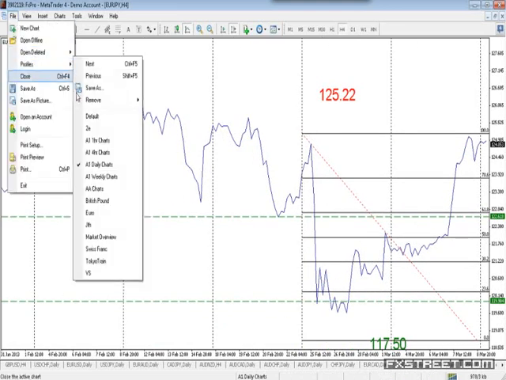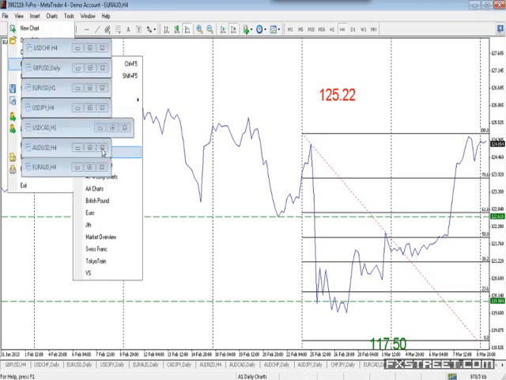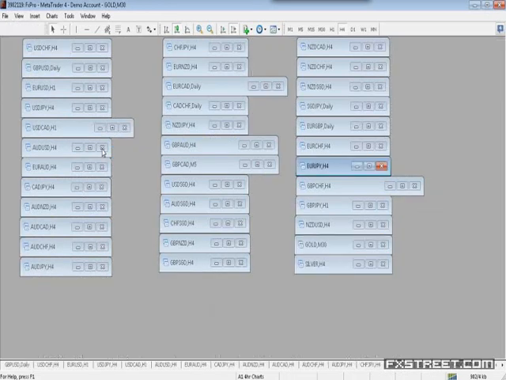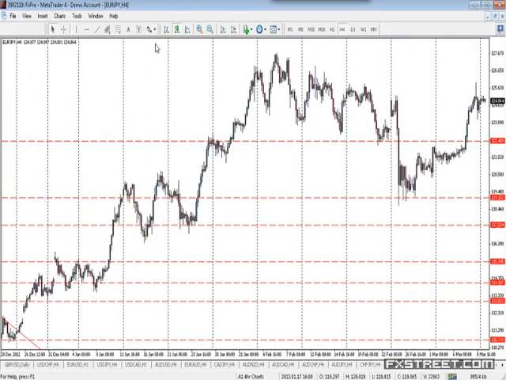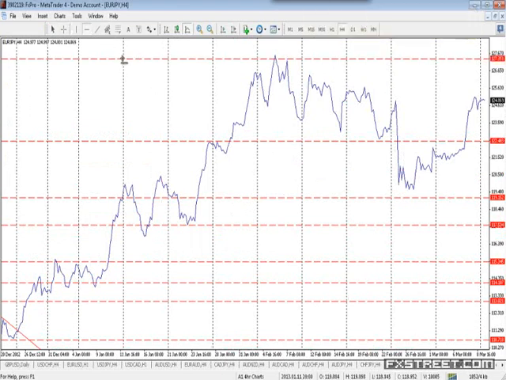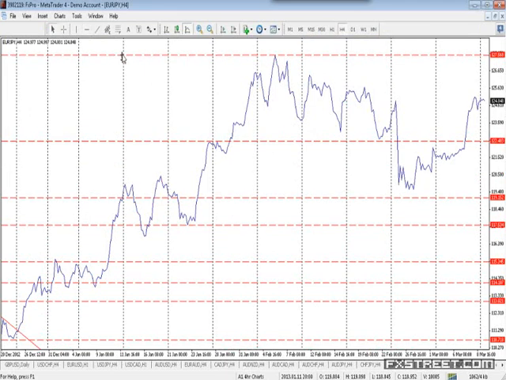Actually, let me go to my 4 hour charts, because I don't want to mess up my daily one. So I'm going to go to my 4 hour and just take a look at the charts here. Given that we have all of these levels, you're going to find that 4 hour charts are going to be different depending on your broker, I think.